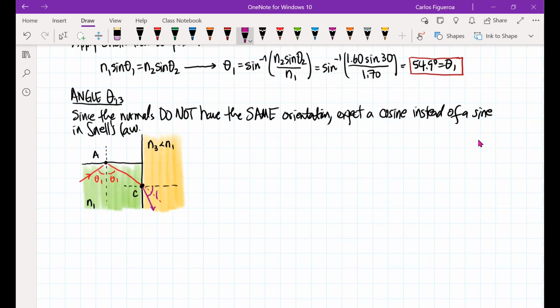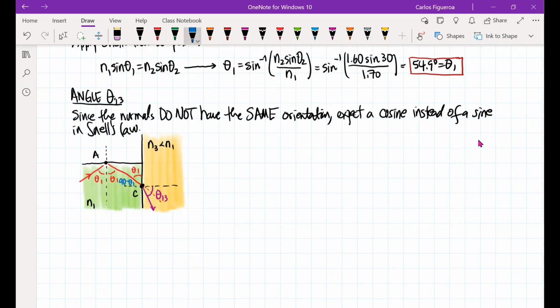This is the angle theta 1,3. So let's keep playing around here. Note that this angle right here is also theta 1. So this angle right here is going to be 90 minus theta 1.